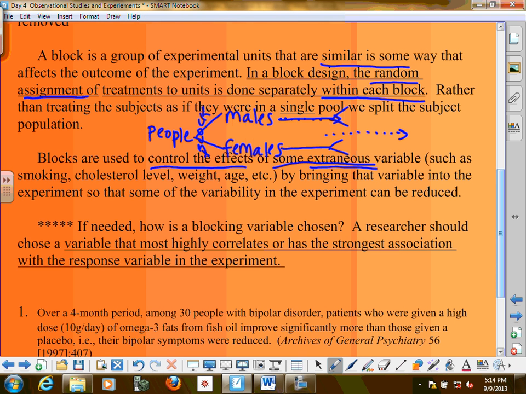Maybe smokers, non-smokers, cholesterol level, or different weight groups, underweight, overweight, obese, or different age groups, and so on. So you control that variability, put everything into one group so that the variability within a group is reduced.